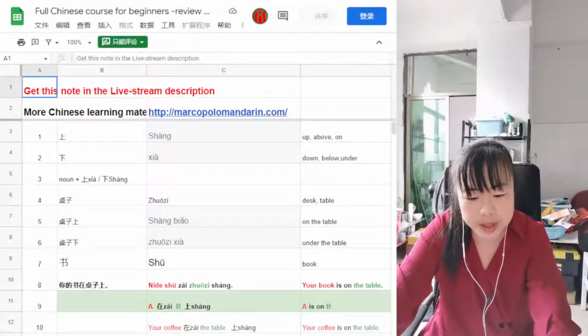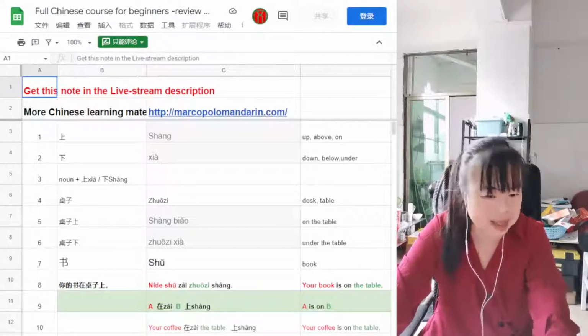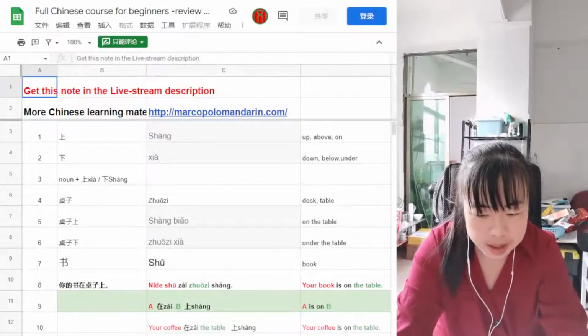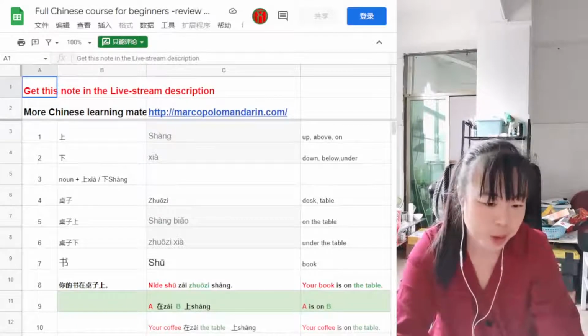Okay? So now, step 3, let's translate. The table, 桌子, right?